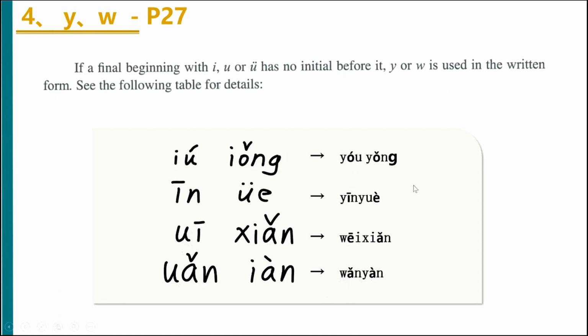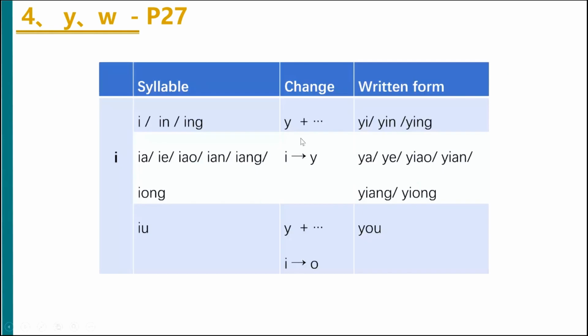So let's move further. For each of i, u, ü, when we are using the different compound yunmu here, the change is a little different. When the syllable i, in, ing is coming singly, we simply add y before it and write it like this.